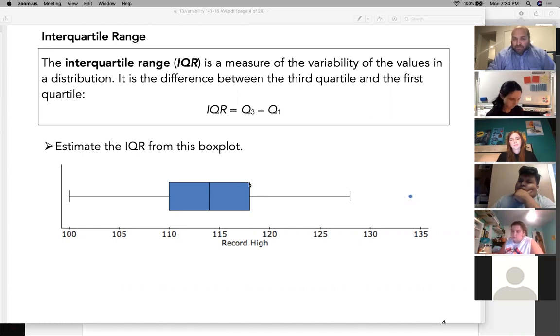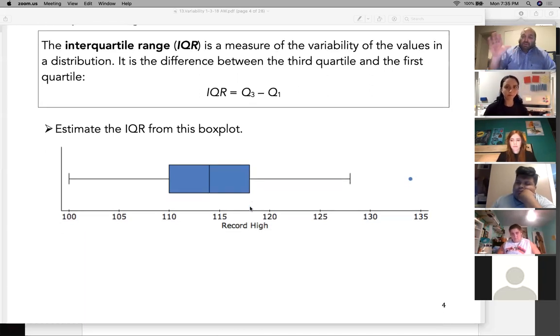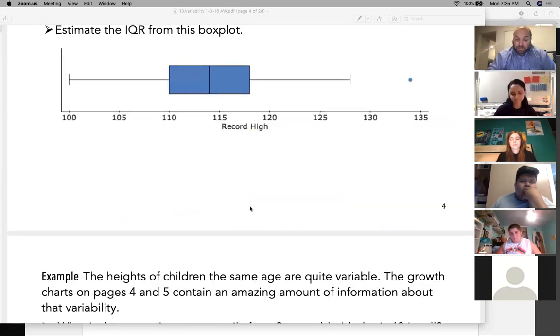So the IQR is the distance from the first quartile to the third quartile. If you have a major outlier, that does not really affect the IQR. Q1 and Q3 barely move, if at all, and as such it's a much better measure of variability. You're basically saying the middle 50% is from here to here, rather than everything.